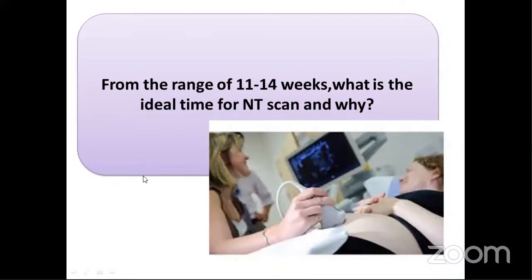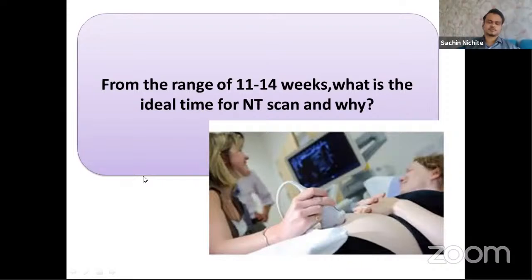And over the years, I have tuned all the referring obstetricians to adjust the dates even in cases of delayed conception, so that they don't end up coming to me at 12 weeks when the CRL is only 40 millimeters. So they should look at the early scans and plan to do an NT scan optimally between 12 and 12 and a half weeks. Okay. Pratima ma'am, any comments about it?